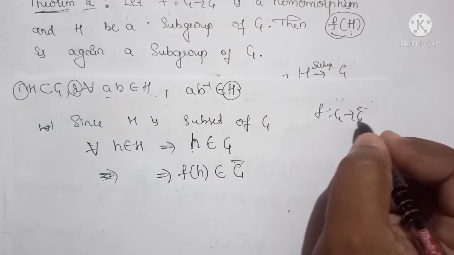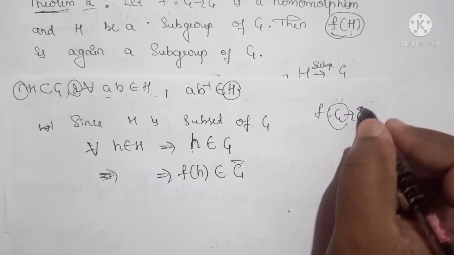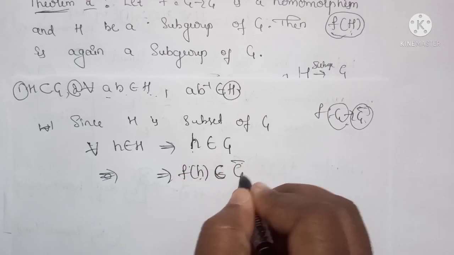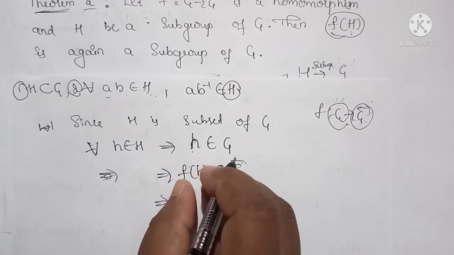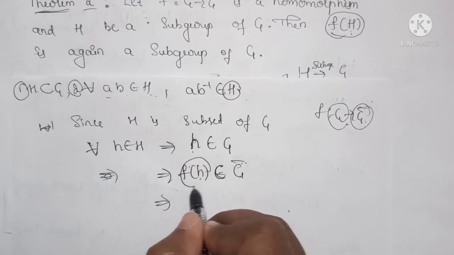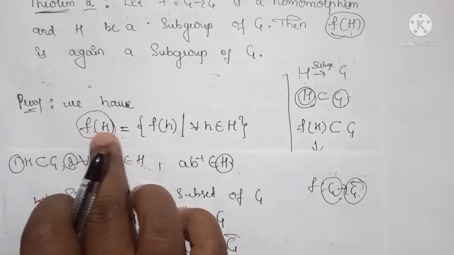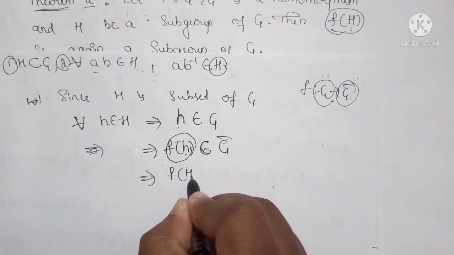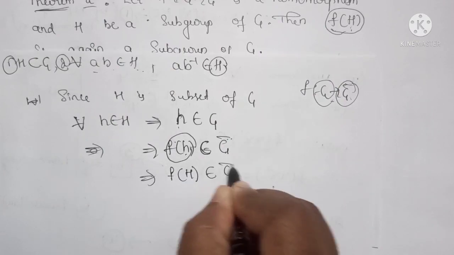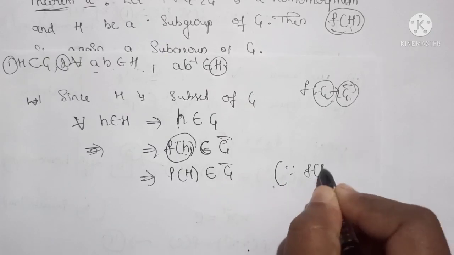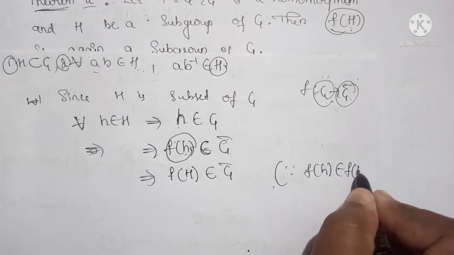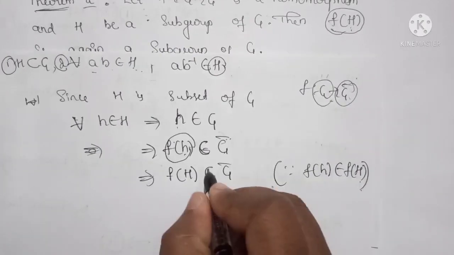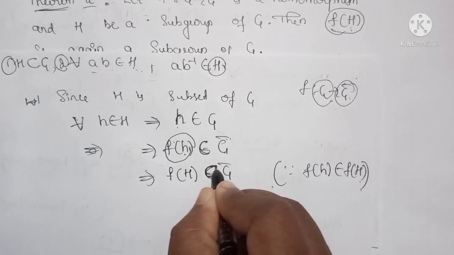All the images of elements of G are contained in G bar. Therefore f of h is an element of the set f of H, and so f of H is a subset of G bar.